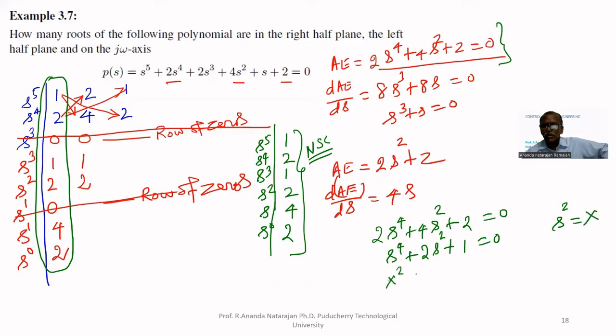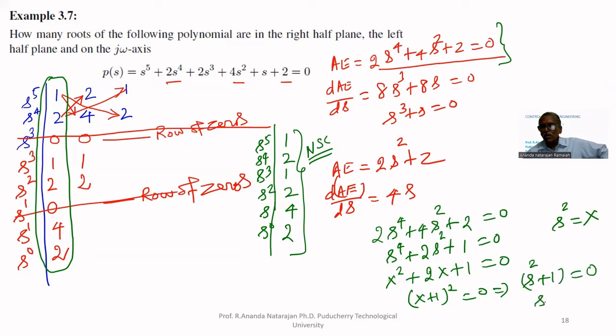Therefore, x square plus 2x plus 1 equal to 0, or x plus 1 whole square equal to 0. Now x equal to s square. This implies s square plus 1 equal to 0, or s square equal to minus 1, or s equal to plus or minus j.